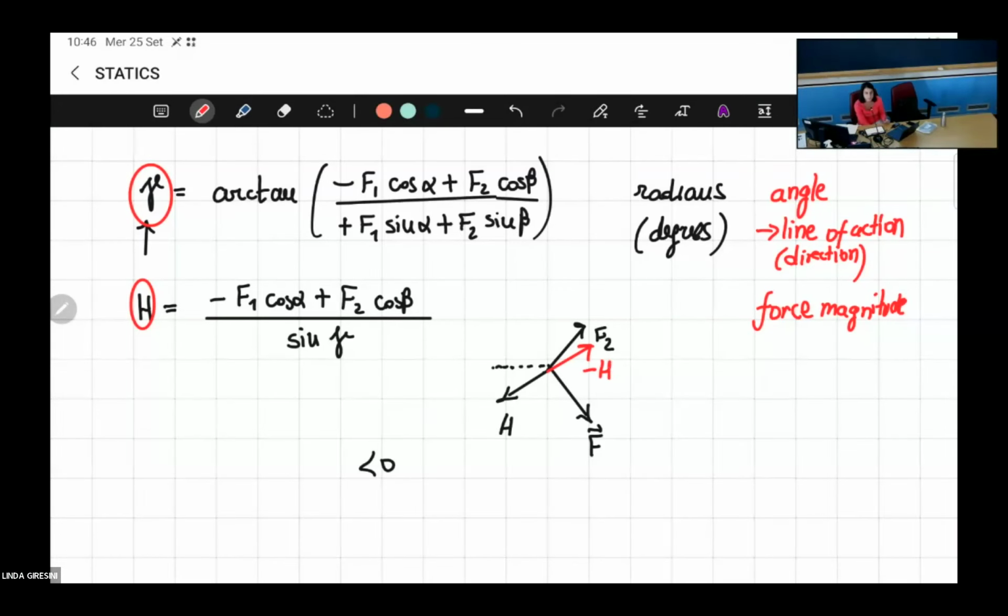So the correct direction was minus H, actually. So you can understand also from the sign of H if, in the free body diagram, your assumption of the force direction is correct or not.